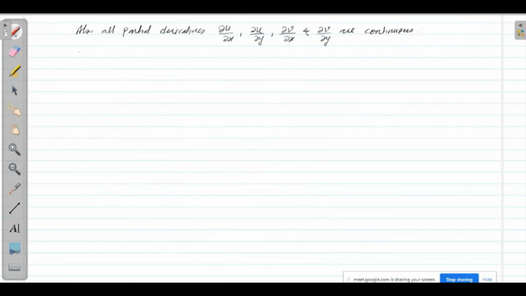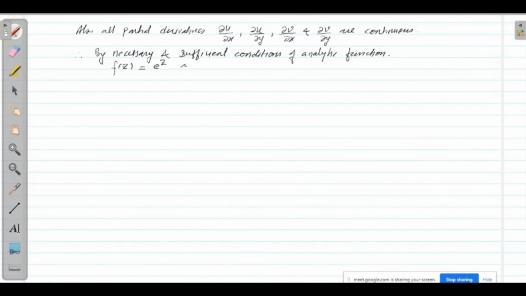Therefore, by the necessary and sufficient conditions of an analytic function, we can say that f of z equal to e raised to z is analytic.